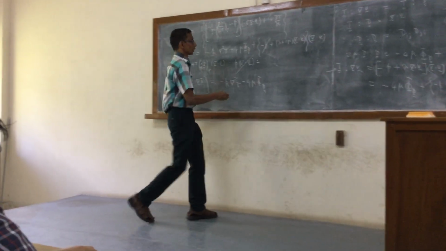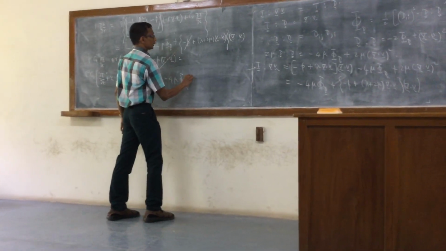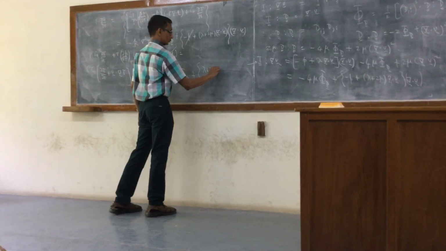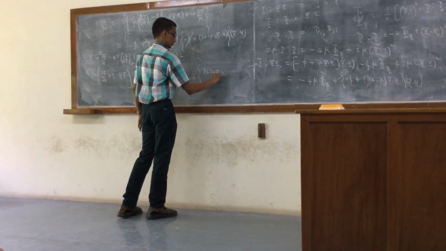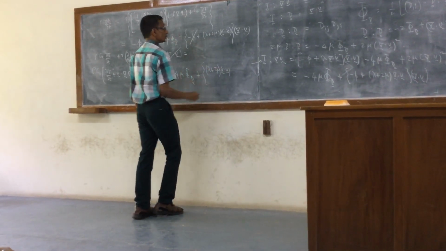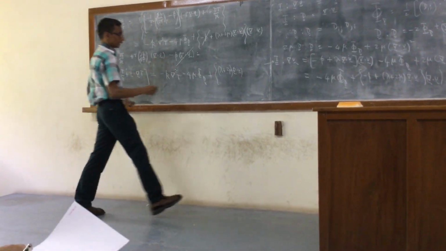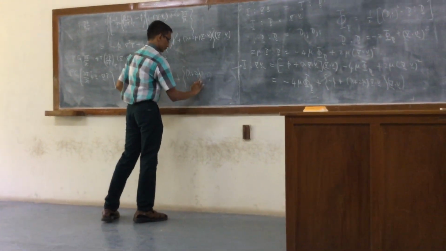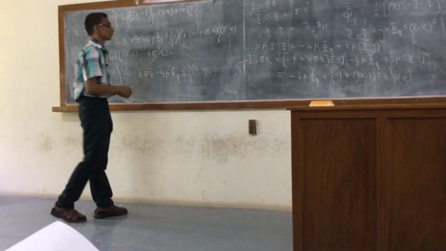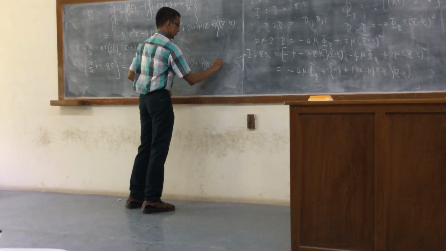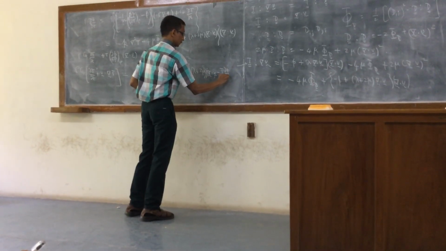Right, so would be plus lambda plus 2, then I have minus, so minus P dB by dt.